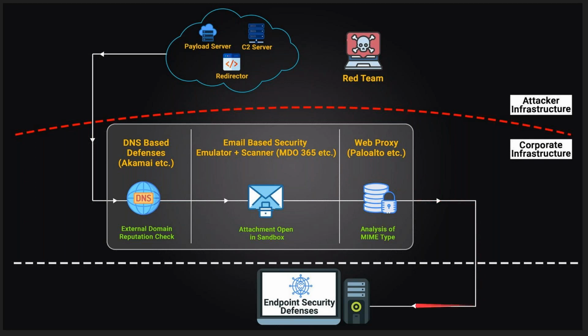And at the very end, there are users or networks or various departments which have their own security controls deployed, host-based, for example, EDRs or various antiviruses, right? So all of them are deployed there. So this is the current scenario of the initial access controls that are deployed, right? Other than that, there can be various IDS, IPS, right? A lot of controls will be placed in the initial access part.